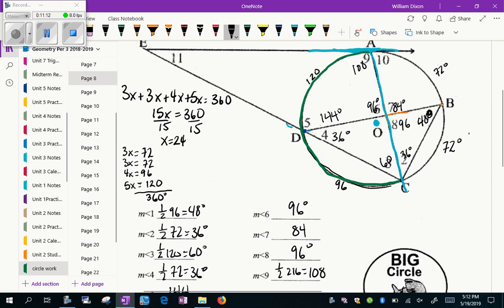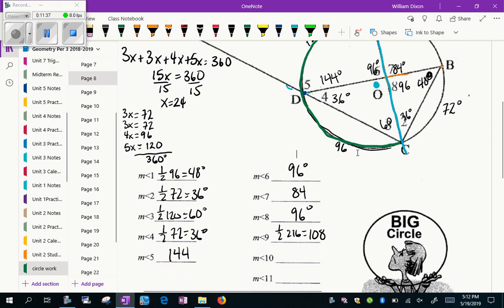Okay, if you're looking at this already, some of you, I'm sure, are saying, all right, well, if I know angle 9 is 108, then I can easily figure out angle 10 because we've seen this scenario before where they're supplementary. Okay, that straight line. So angle 10 is a supplement to 9.